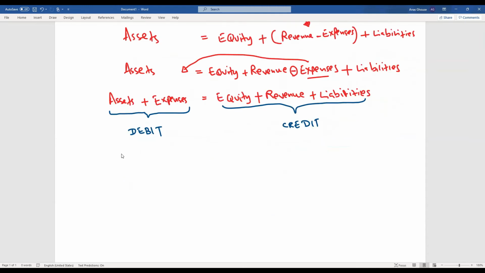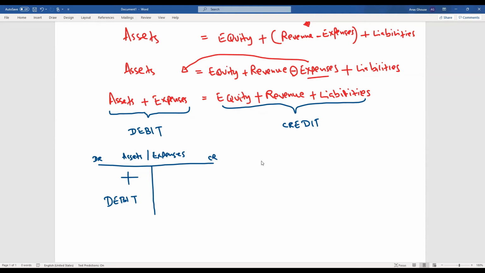So that means if you take a T account, this is the debit side, this is the credit side. Any assets or expenses, the increase in assets or expenses will be a debit balance or debit entry.